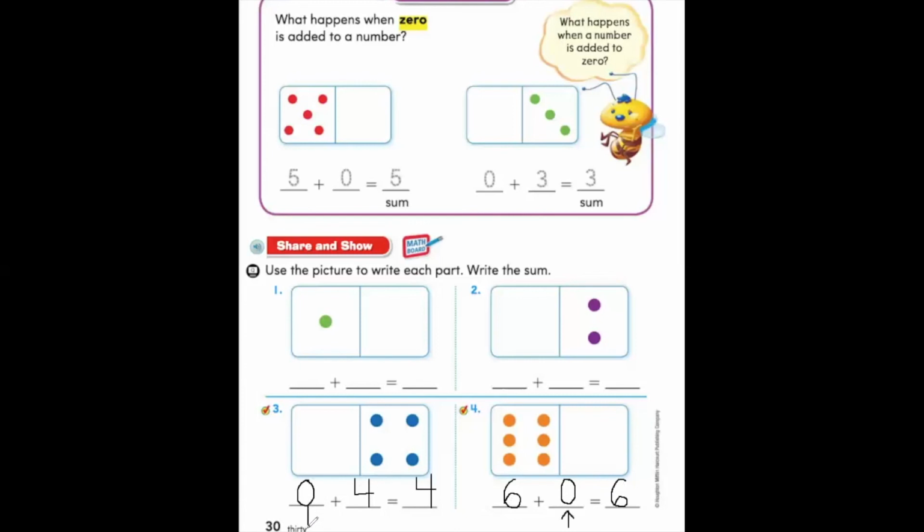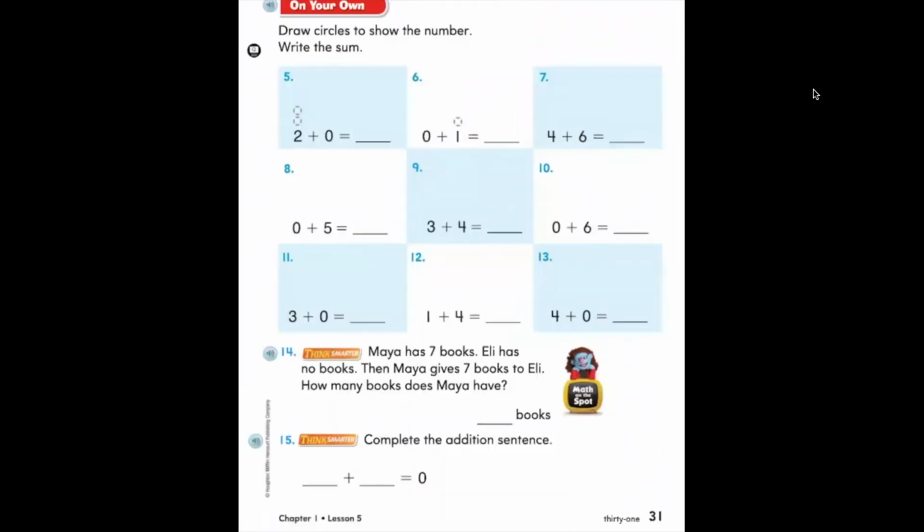For this page, page 31, it says at the top, on your own. The directions say, draw circles to show the number. Write the sum. Number 5 shows us the addition sentence, 2 plus 0. Right above the number 2, we have 2 circles.